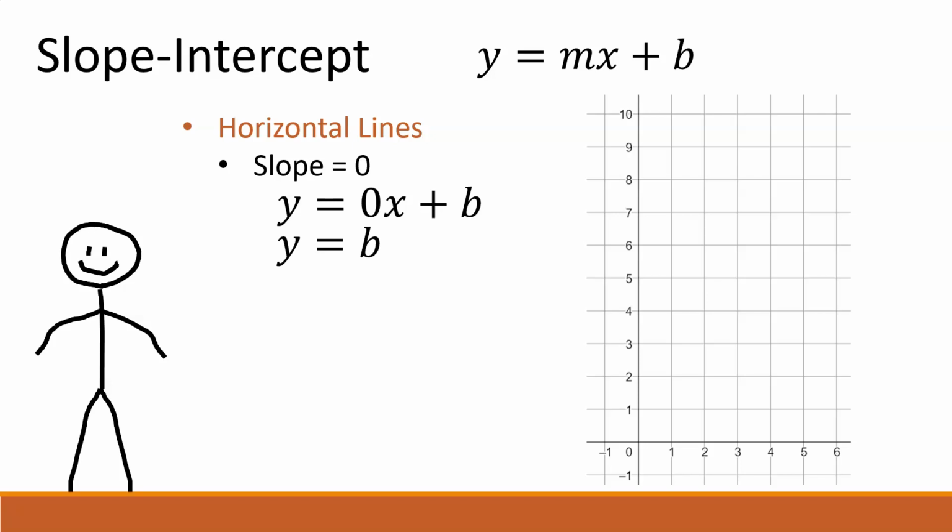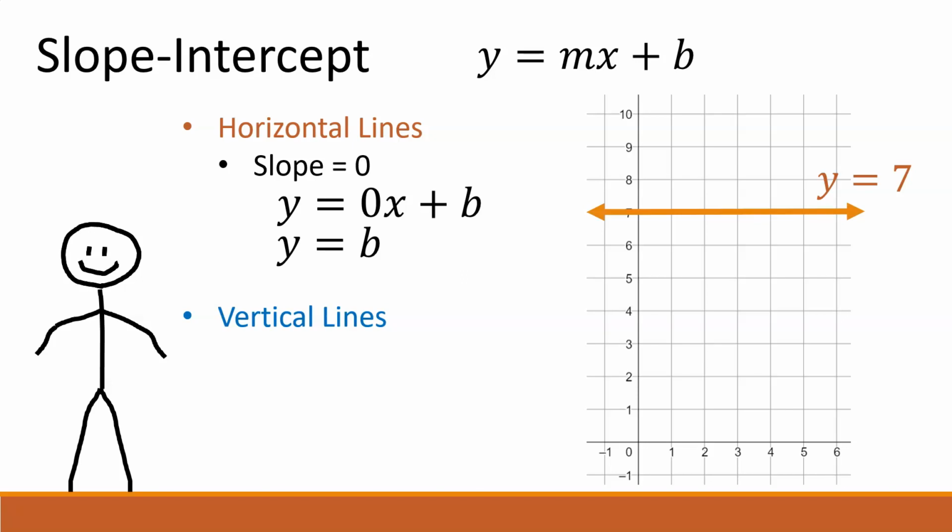It will just be y equals b, where b is the y-intercept. Here's an example. This is a horizontal line that goes through 7 on the y-axis. Its equation is y equals 7. Every point on that line has the same y-coordinate, which is 7.